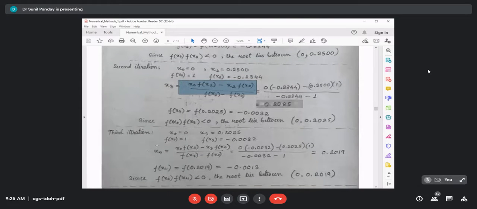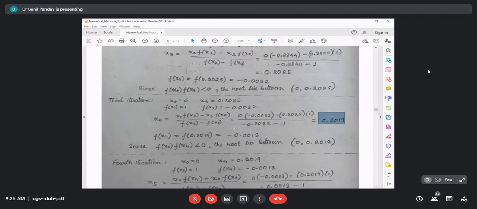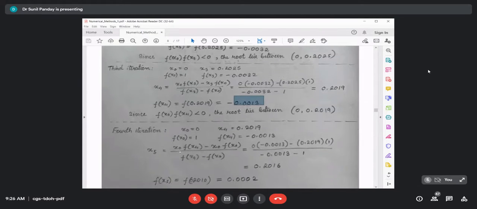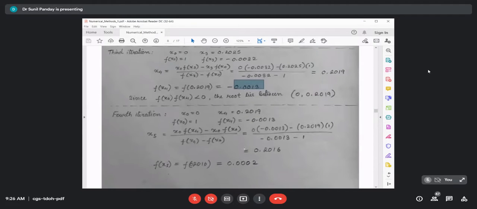So your formula for x4 is: x0 f of x3 minus x3 f of x0 divided by f of x3 minus f of x0, and then after simplification you are getting this one, and the f value is this one. Again you check the condition. Again here this is negative, so x3 is replaced by x4 and you are getting your x5. So this is your x5.